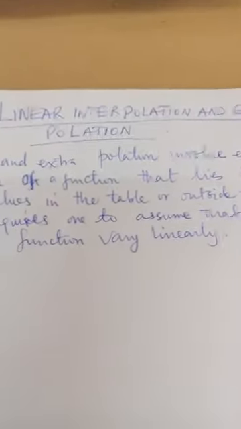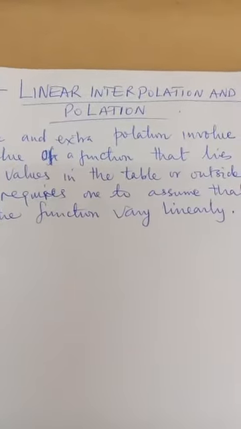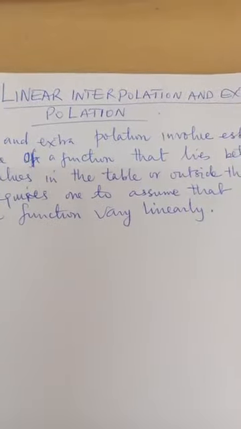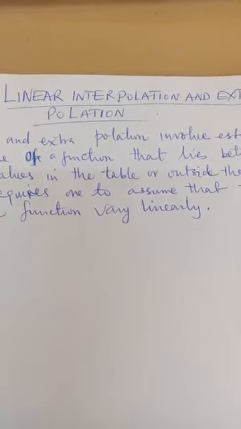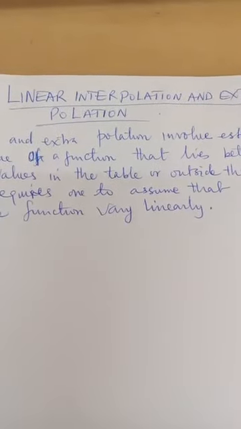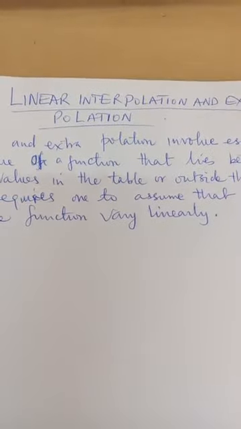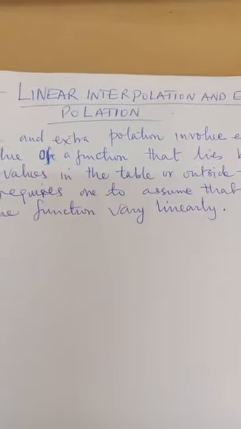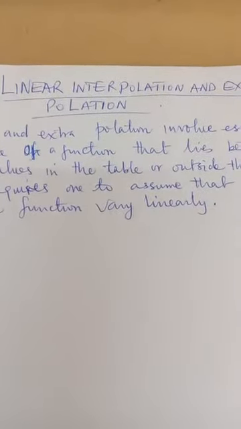And because we take that assumption, we consider the use of gradients. Since they vary linearly, we know that for a straight line, the gradient between any 2 points of a line will always be equal.